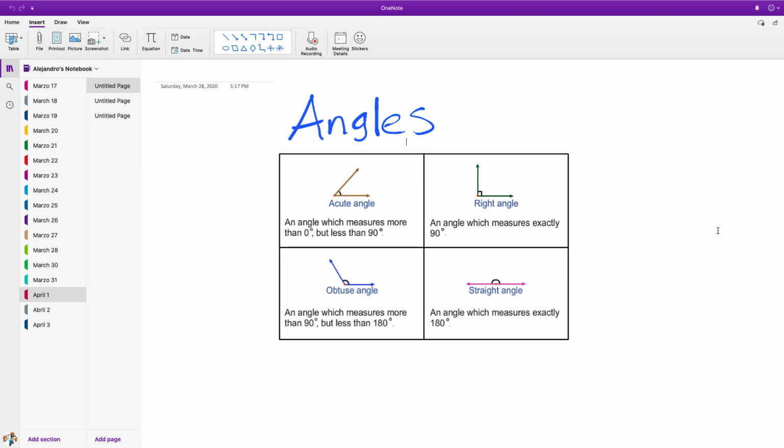We are going beyond the basics. I'm just going to do a quick review of what angles are. Then we're going to take it a little bit further and explore more about angles, okay? So relax, sit back and pay attention to the lesson.